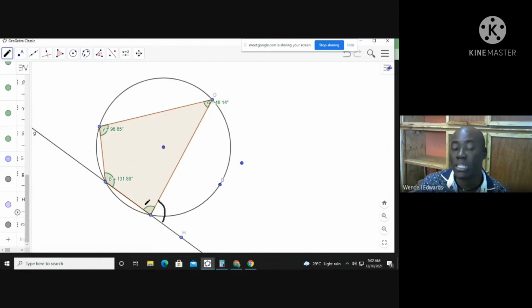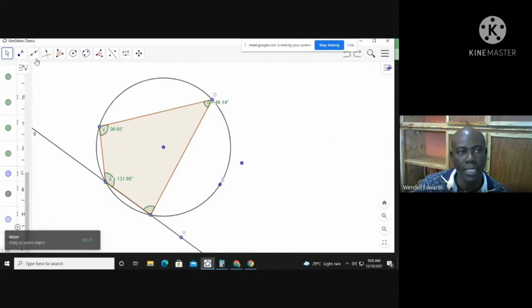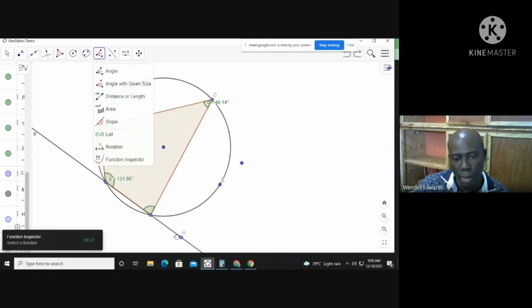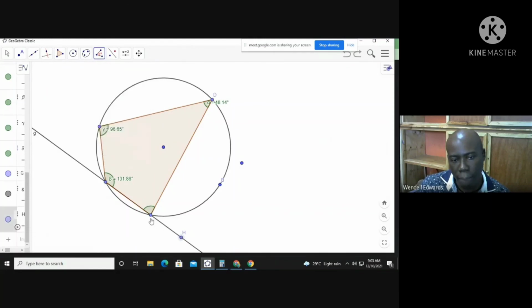But there is something special going on right now. Let us look at it. I'm marking this angle right here. And you're going to be surprised that the exterior angle is equal to its interior opposite angle. 96.65, 96.65.